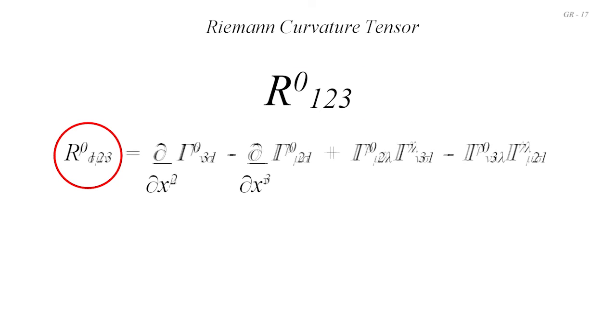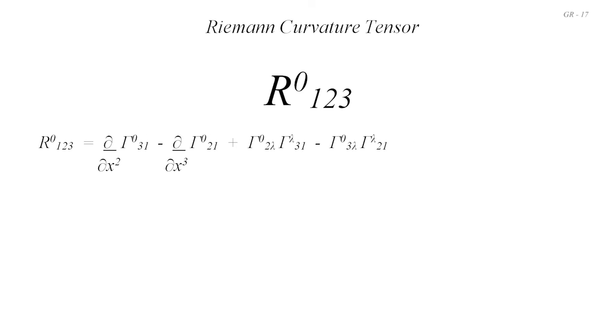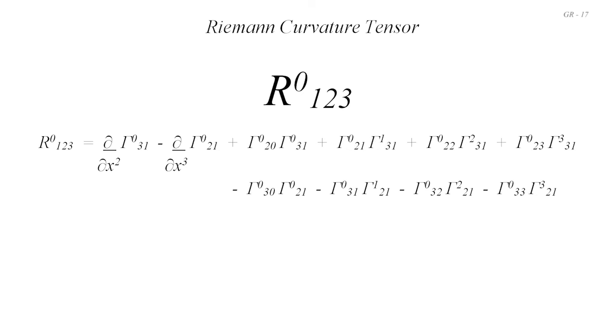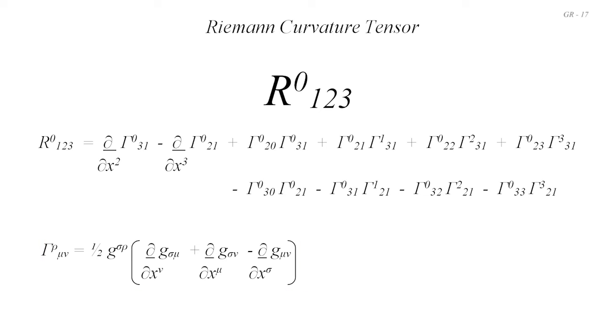First put in 0, 1, 2, 3 for rho, sigma, mu and nu, leaving lowercase lambda to be summed over. Then do the sums over lambda for 0, 1, 2 and 3, and that gives us these terms altogether. Now take the formula for the Christoffel symbol, work out what each of these is by putting in the appropriate indices, and put those into the equation for R^0_123.